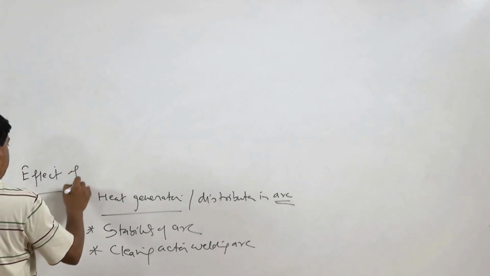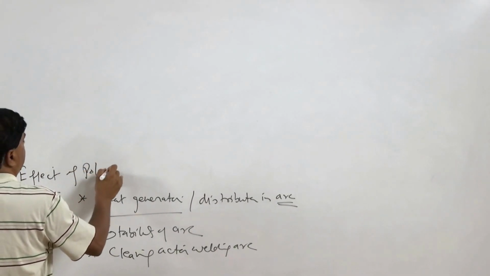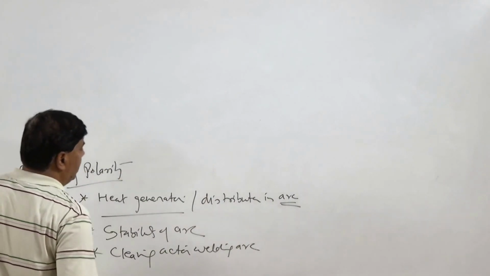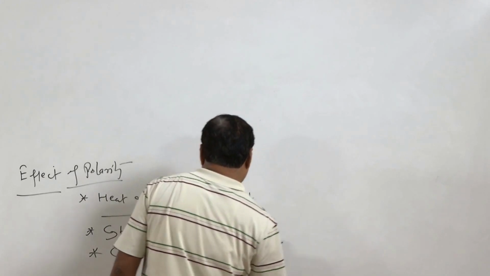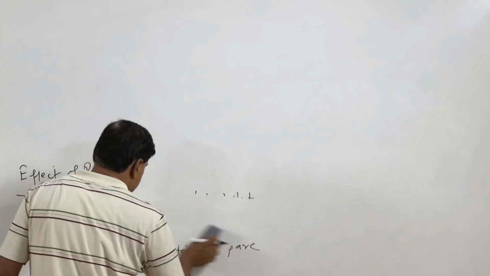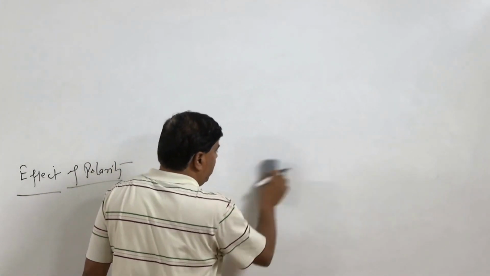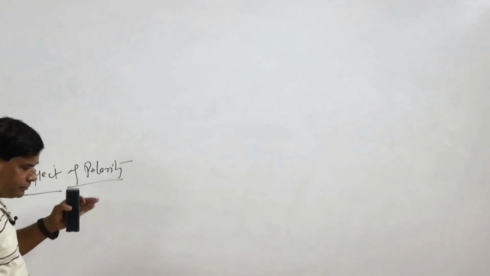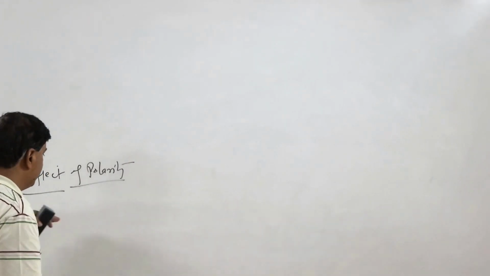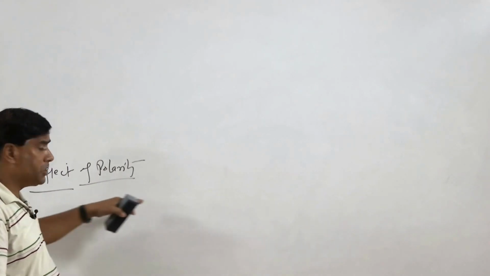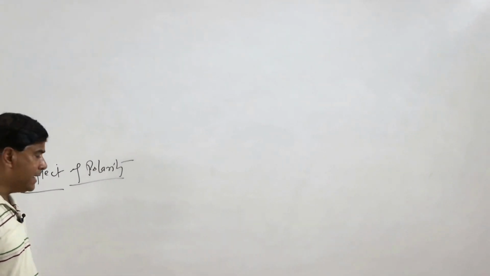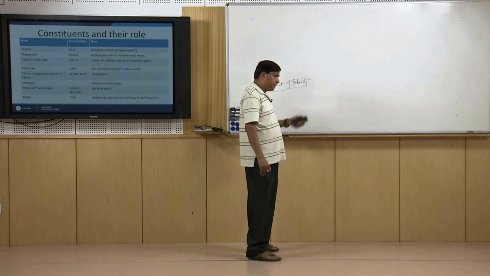So, these are the three main effects of polarity. This choice with regard to cleaning action, arc stability or heat generation will be available only when DC is used over AC.